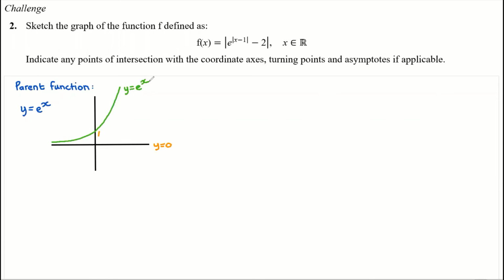Now, if you're feeling a bit bolder, you could go straight for a different parent function, and the alternative would be to sketch the graph of y is equal to e to the modulus of x, and we've talked about this in the lesson. This is something we can quite easily sketch. So, for example, in case you don't see it, if I consider the function f of x is equal to e to the x, then my input is just x, and that's reproduced in the exponent for e.